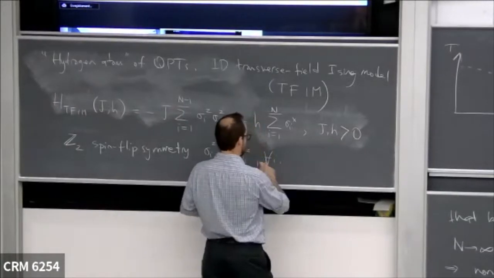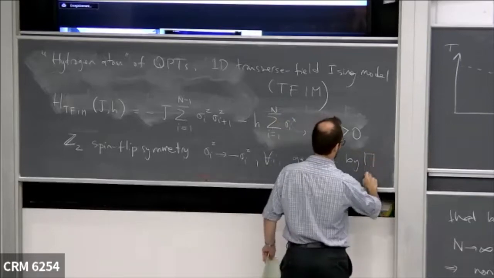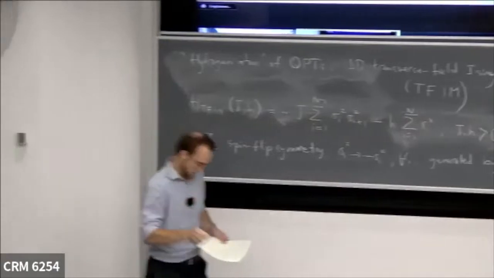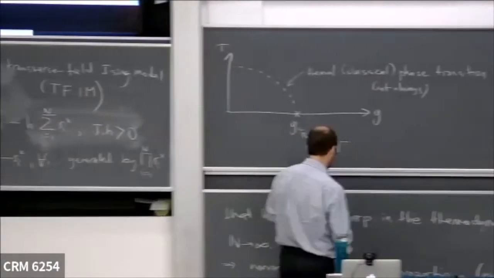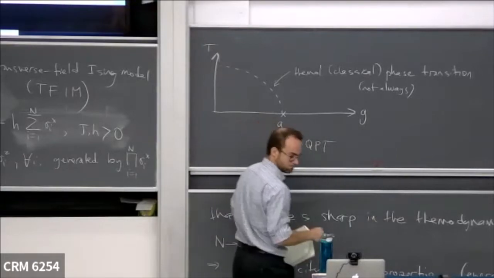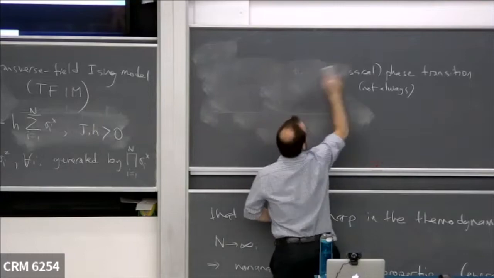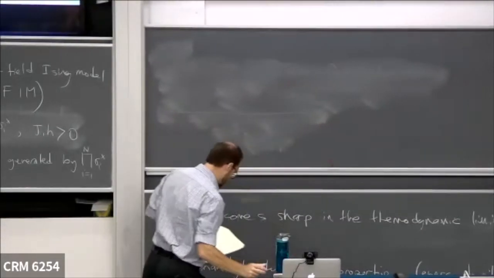It's generated by an operator which is simply the product of these sigma x spin flip operators on all the sites. So the model has a global symmetry, and we want to see what happens as we vary these couplings.